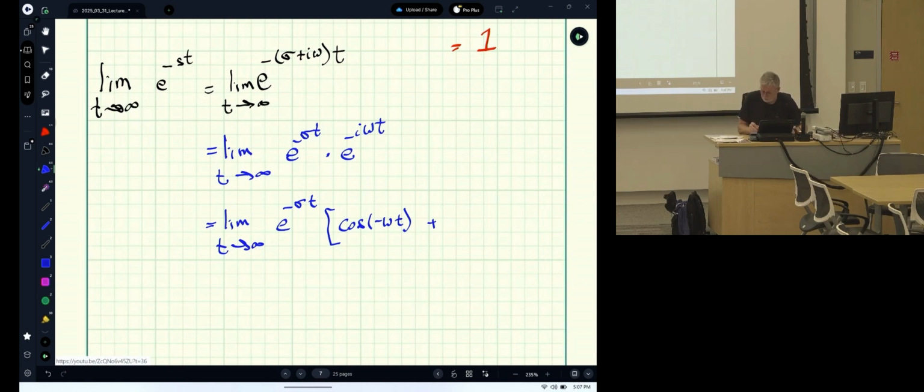And this is plus I sine of omega t. Once again, I'm just blindly plugging into Euler's formula. And if you want to use trig identities to simplify the cosine and the sine, using that cosine is even and sine is odd, more power to you.